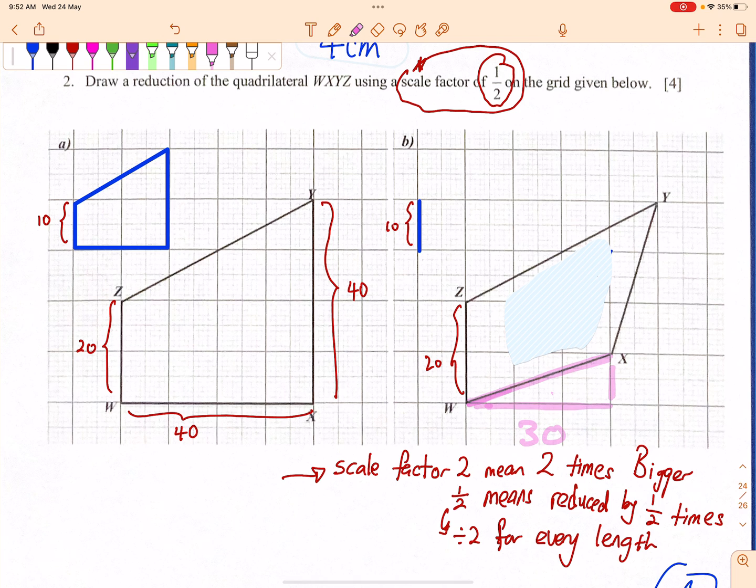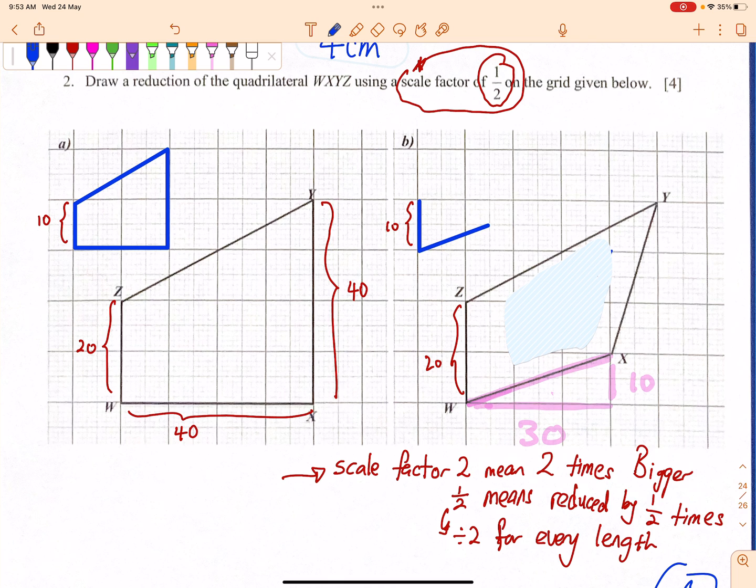Over here, this is 10 squares. So if I divide by 2, again it will be 5 squares. So I count 15 squares to my right and 5 squares up. So this is my new point here, right?